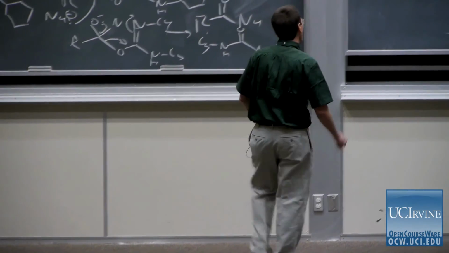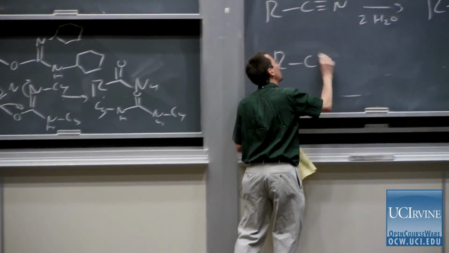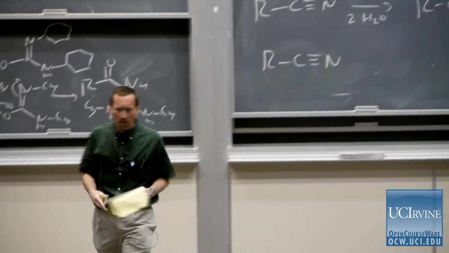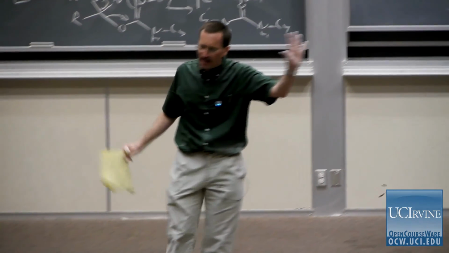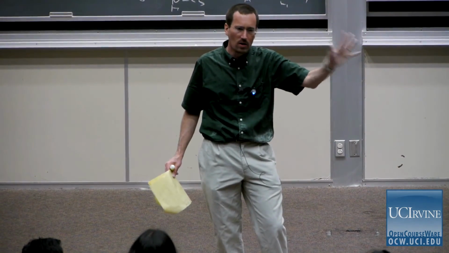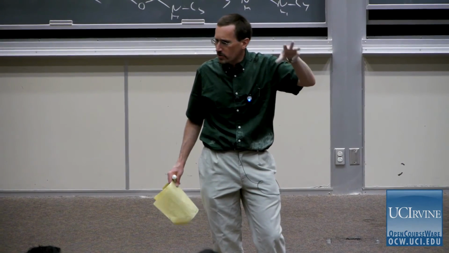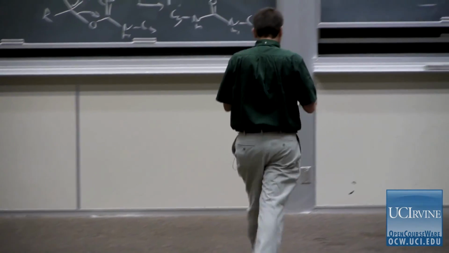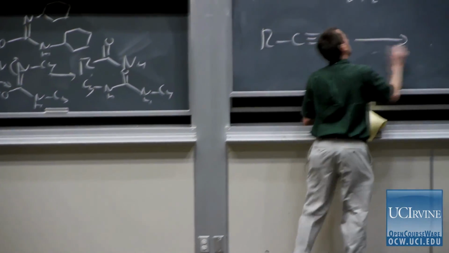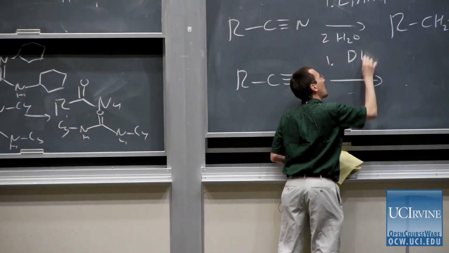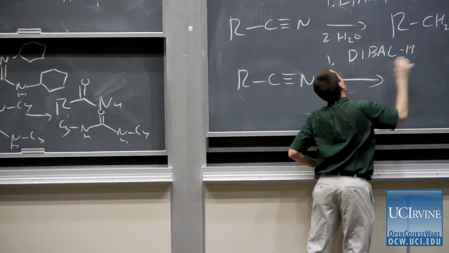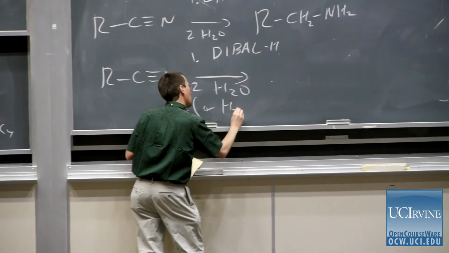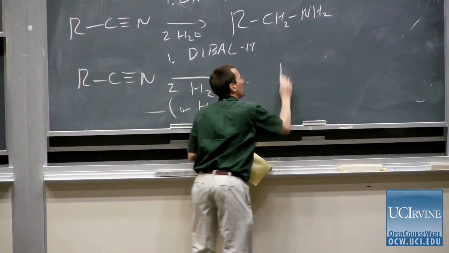So your textbook has also pointed out and reminded you that nitriles can be reduced selectively, and we saw this in esters. We said lithium aluminum hydride blasts the heck out of an ester all the way down to an alcohol. DIBAL is a more mild reducing agent. It can stop and only add 1 equivalent of hydride. And so your textbook chooses to give you an example of a DIBAL reduction of a nitrile with water as a workup, or you can use H3O plus as a workup.